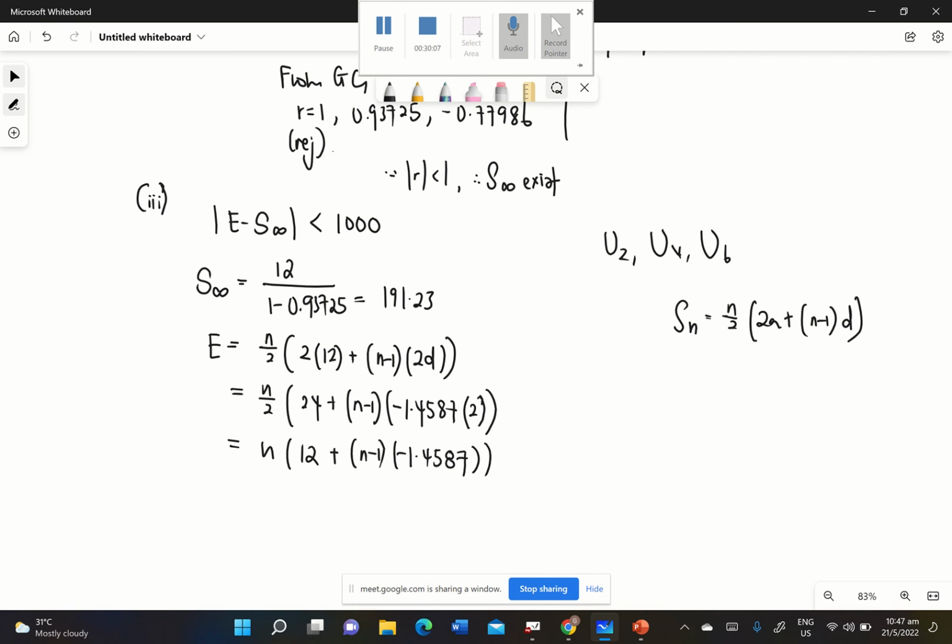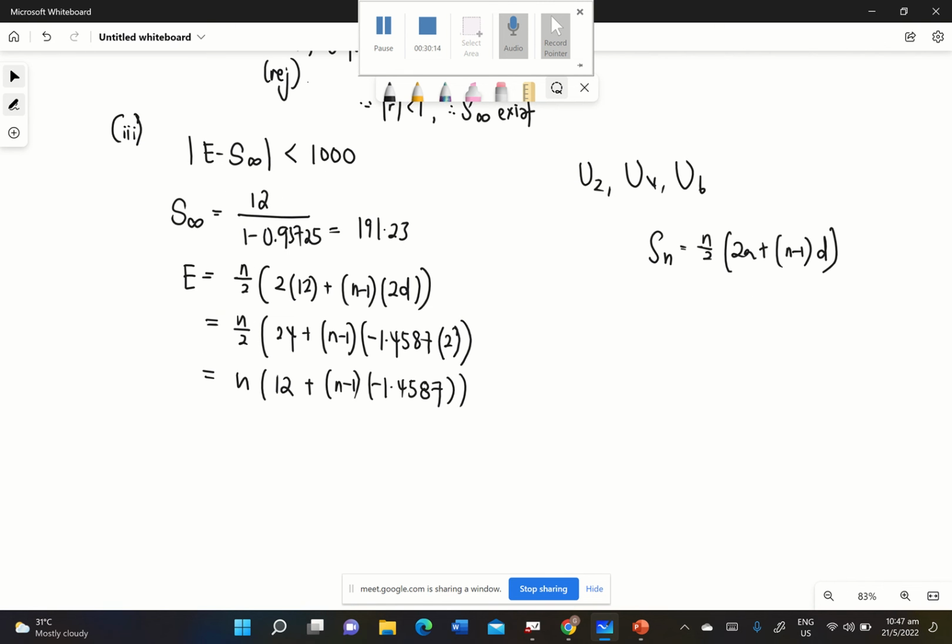We do key in the mod. Yes, you do. Alpha window, yes. Might need quite a fair bit of brackets.